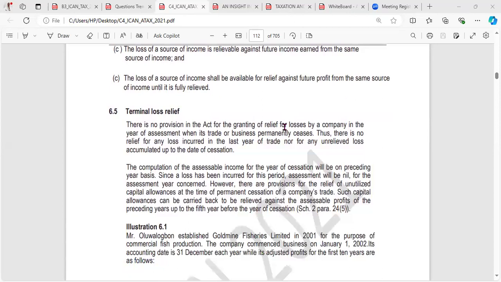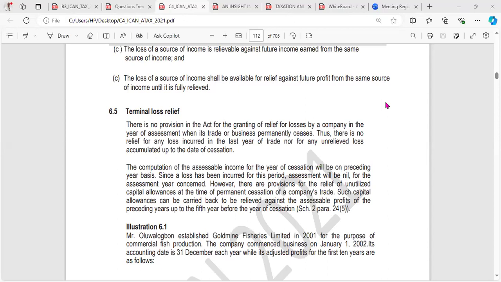Then we have terminal loss relief. Now, there is no provision in the Company Income Tax Act for granting relief for losses by a company in any year of assessment when it ceased business permanently.